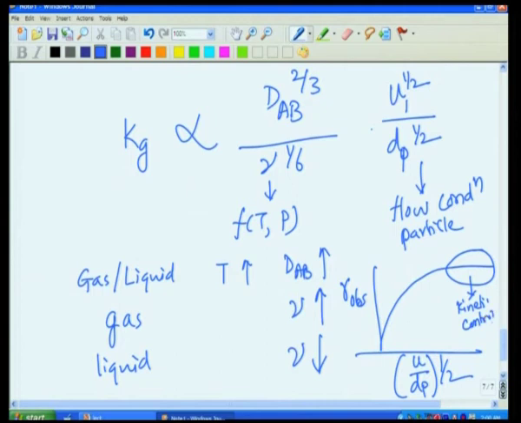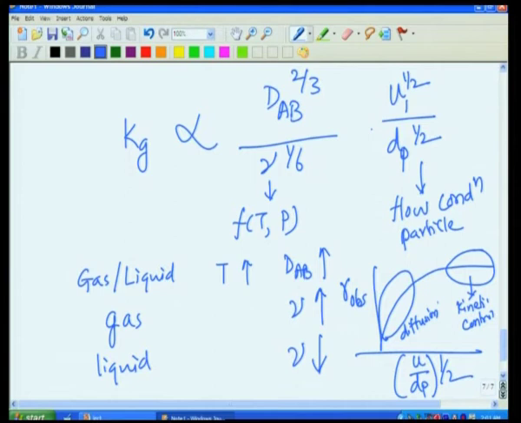Whereas, if u by dP is very small, then your Kg values are small, that means mass transfer resistances are large. So, we are in a diffusion controlled regime. We can find this out by doing experiments with the same concentration, temperature, and pressure, everything the same, except we change the velocity or the diameter of the particle.